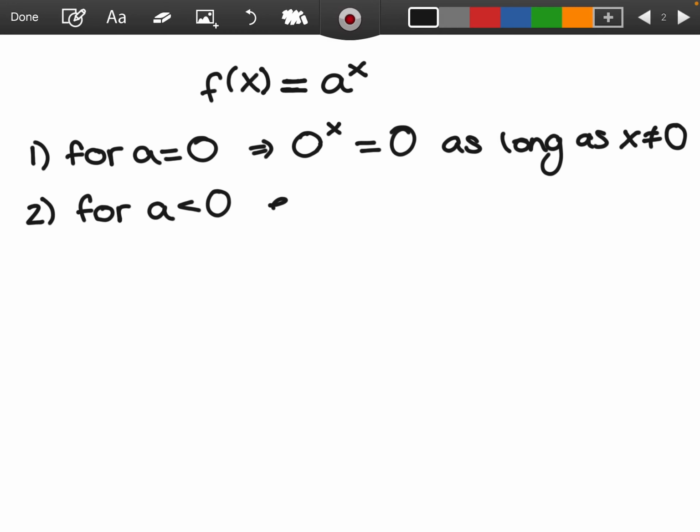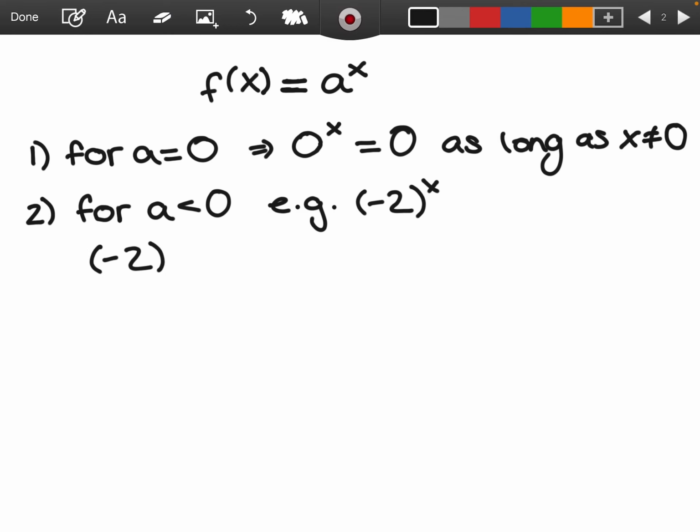Now let's look at a being negative. Okay? So for example, we're looking at negative 2 to the power x. What issues arise here? What if x is anything like 1/2, 1/4, etc.? You end up taking an even root of a negative number, which you cannot do.